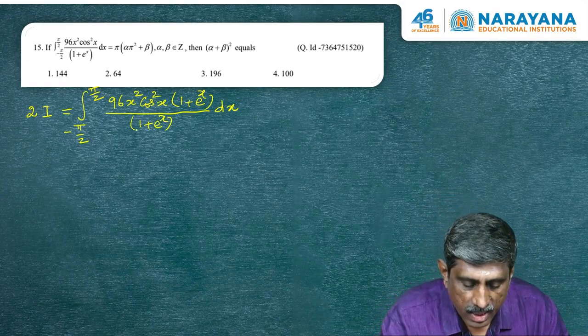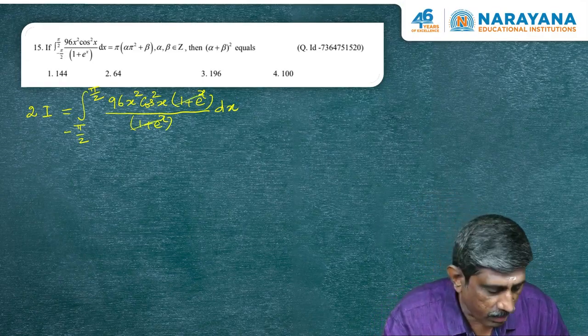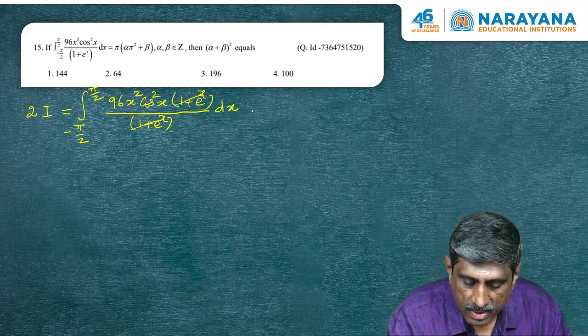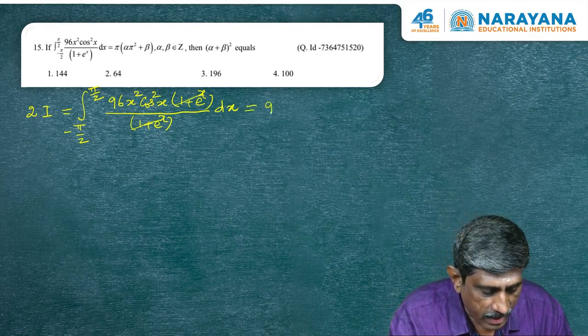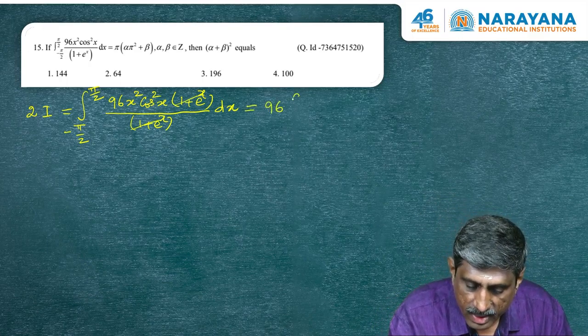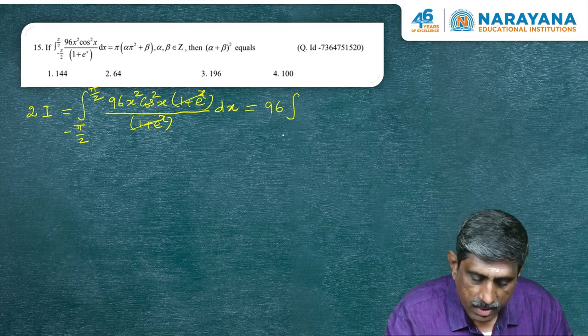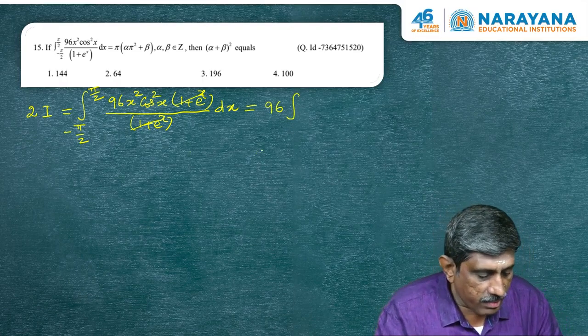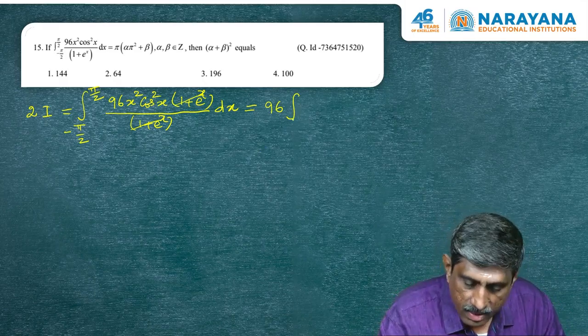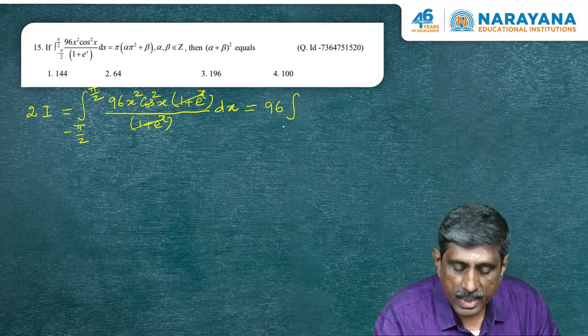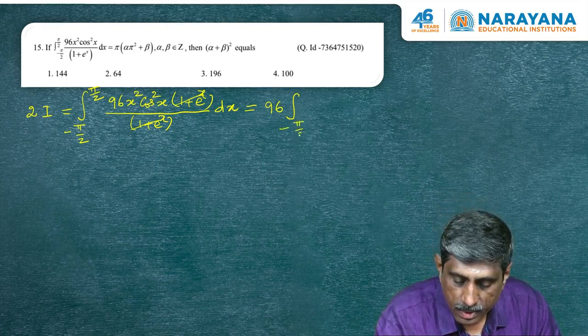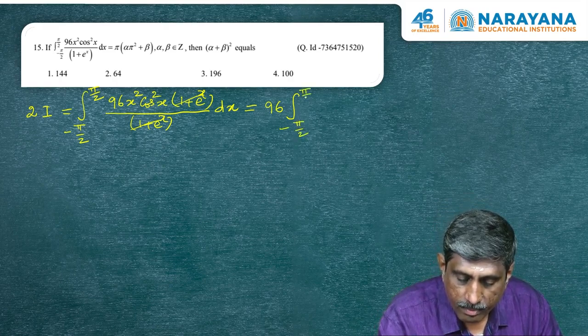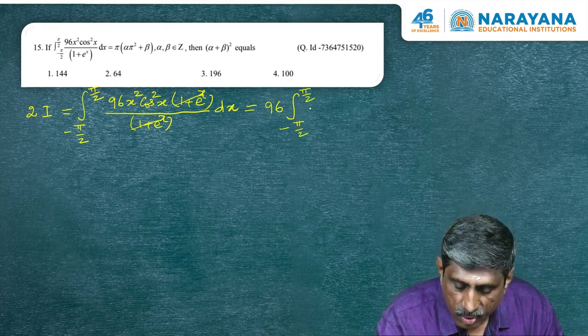So, after cancelling this 1 plus e power x and 1 plus e power x here, this is going to become 96 times integral minus pi by 2 to pi by 2 x square into cos square x dx.